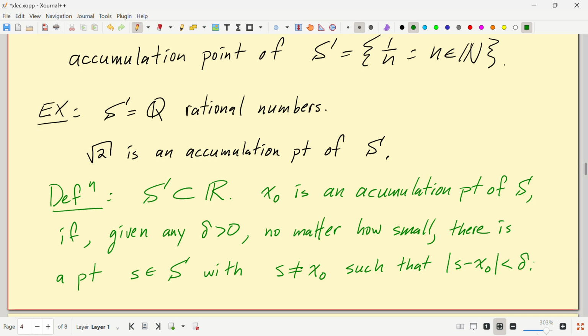Okay? So that just means the points in S pile up at x naught. I can always find one close by, no matter how small that little delta is. And it's an easy thing to check.